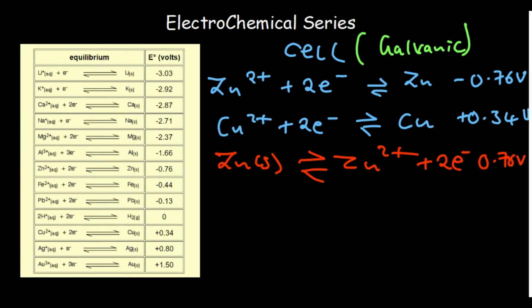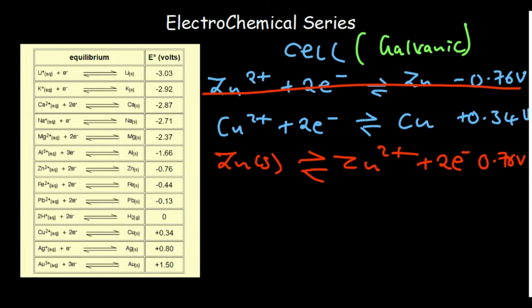When they appear on the reactants side, it shows they are being gained. After reversing, the value of the standard reduction potential changes sign. That is very important for you to know.